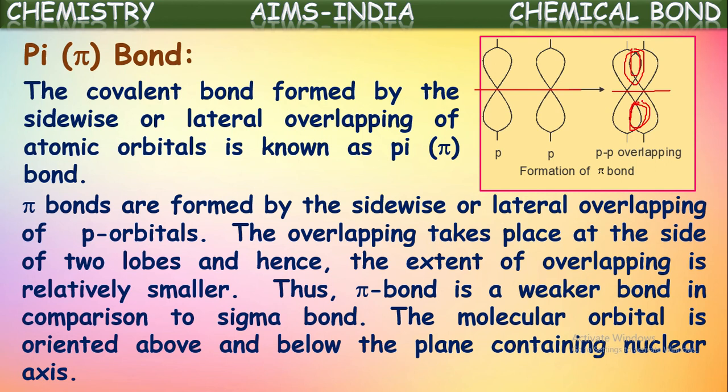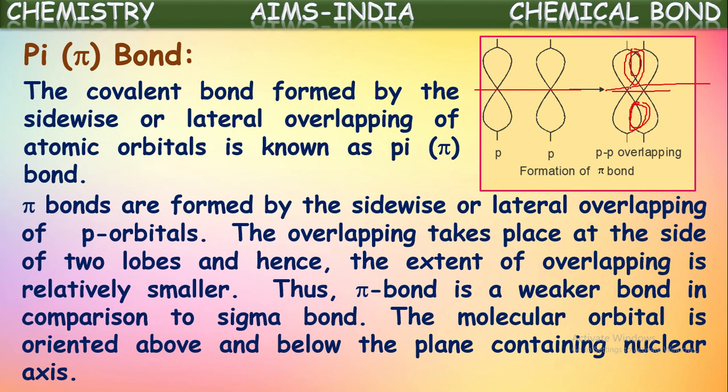The molecular orbital is oriented above and below the plane containing the nuclear axis. So here these orbitals will be oriented above and below the axis of their nuclei, and that's why the extent of overlapping is somewhat less than in a sigma bond.